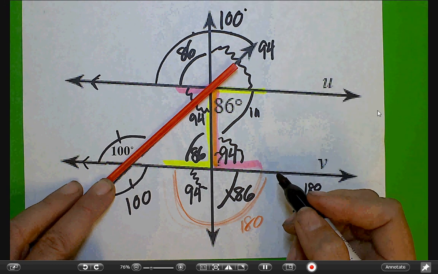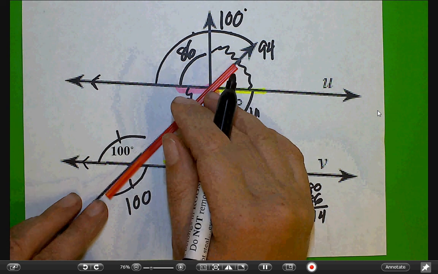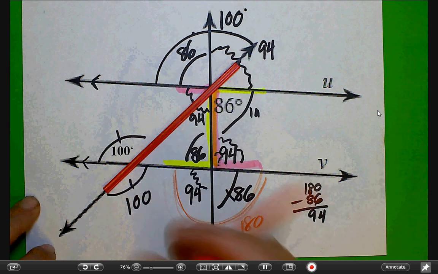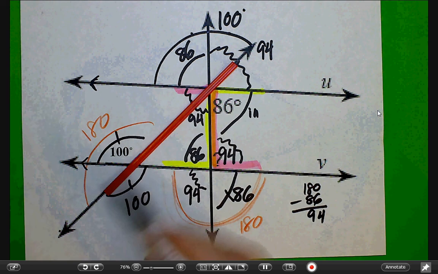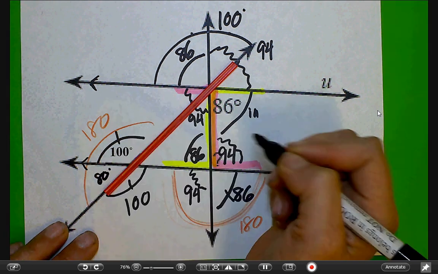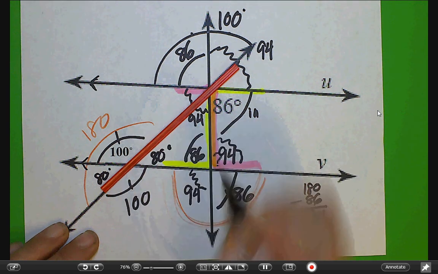That's 100 as well. And if that's 100, let's check our linear pairs. This is a linear pair. Adds up to 180, which means this has to be 80. Vertical angles, that means this is 80.